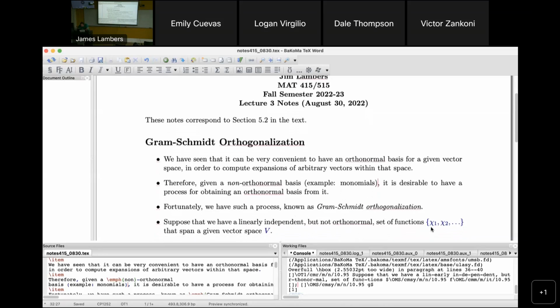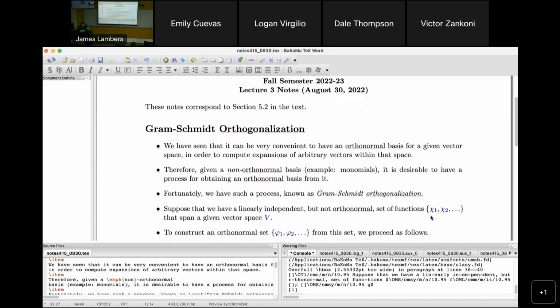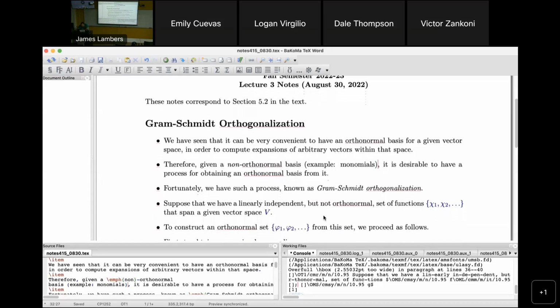I'll refer to these non-orthogonal functions as chi1, chi2, etc., using the notation from the textbook for consistency. And we want to obtain from chi1, chi2, and so on, an orthonormal set of functions, phi1, phi2.